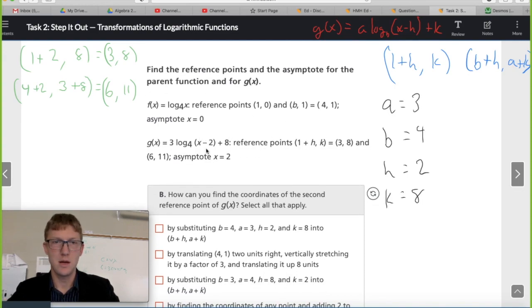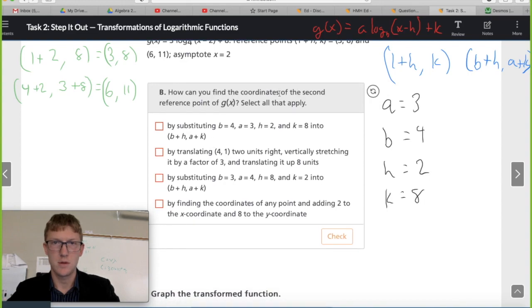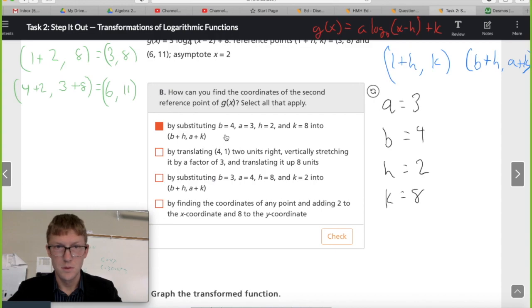So is that what they got? How can you find the coordinates of the second reference point? By subbing in b and h, a and k, b equals 4, a equals 3. Let's see here. Second reference point.